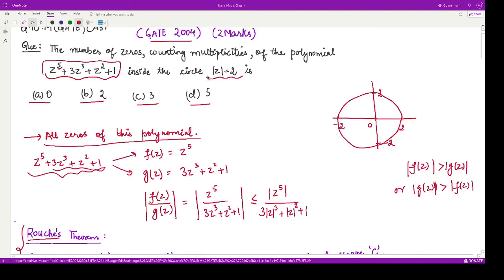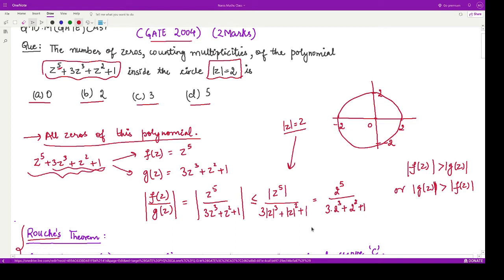Now remember we have this region, mod of z is equal to 2. So we just simply substitute the value of mod of z equal to 2 into this relation. It would be 2 to the power 5 over 3 multiplied by 2 to the power 3 plus 2 to the power 2 plus 1.